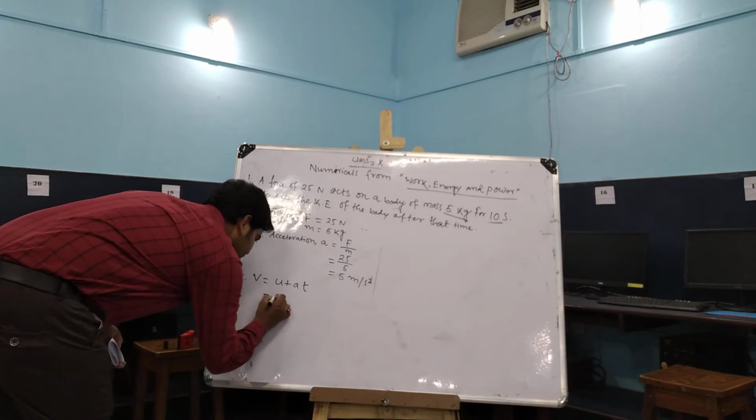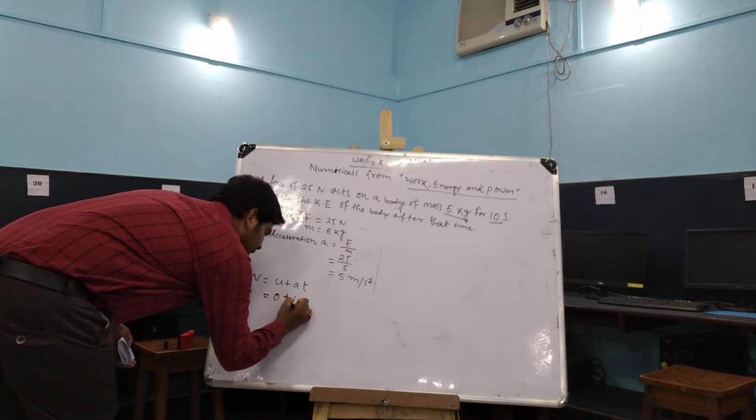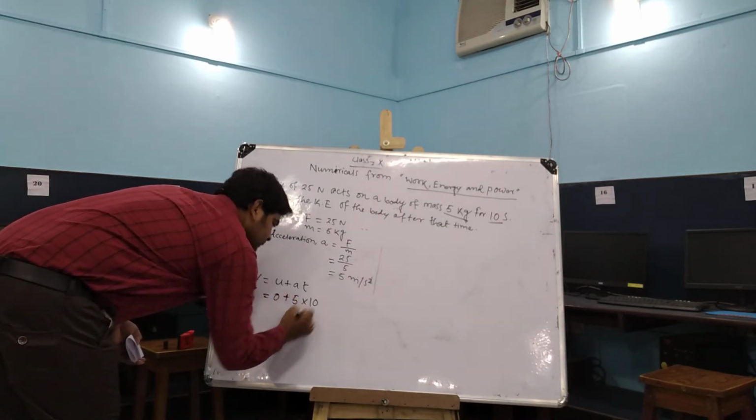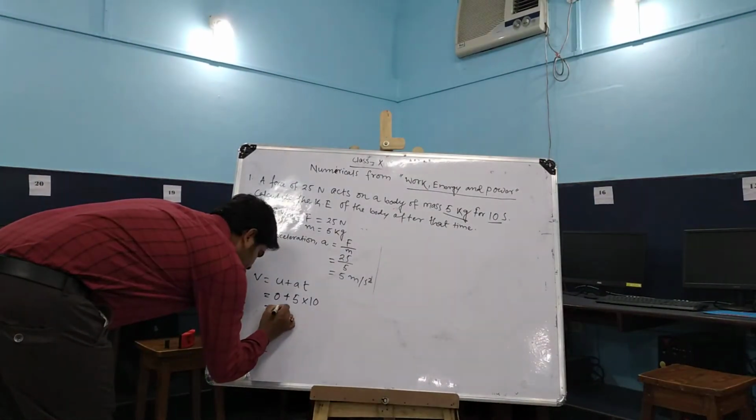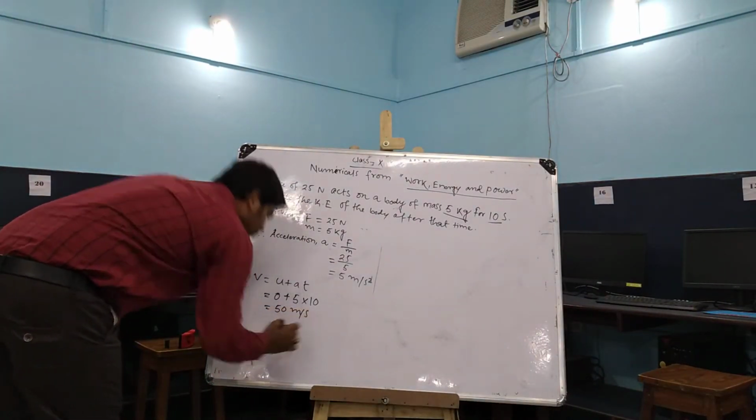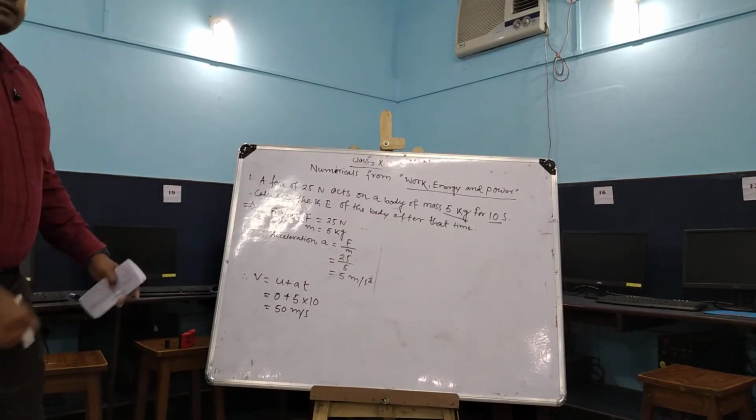So u is 0, a is 5 and the value of t is 10. So 50 meter per second. We got v is 50 meter per second.